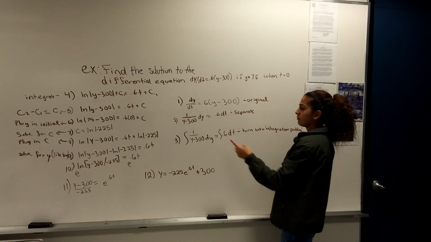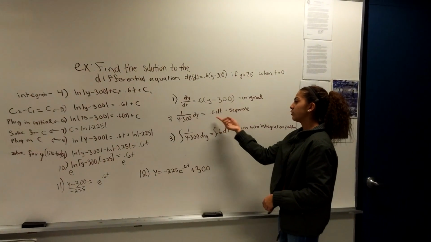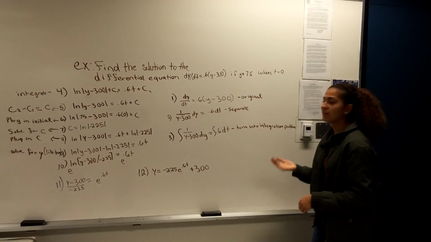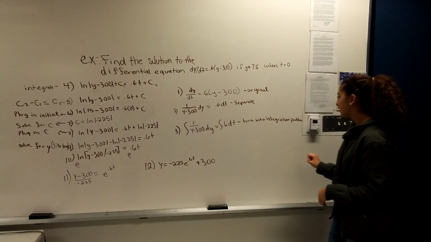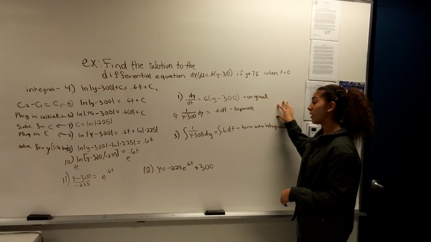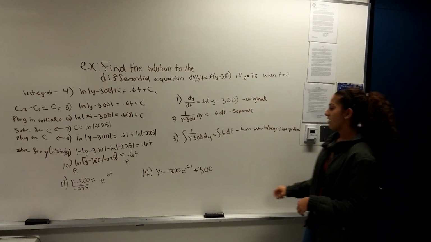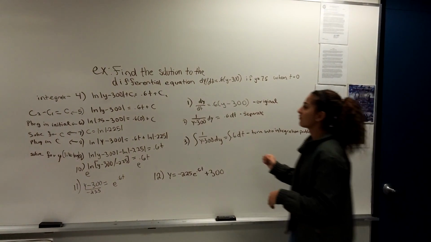So 1 over y minus 300 dy is equal to 0.6 dt, and 0.6 is a constant, kind of like k. Your third step is to turn your separated equation into an integration problem by pretty much adding the integral signs in.